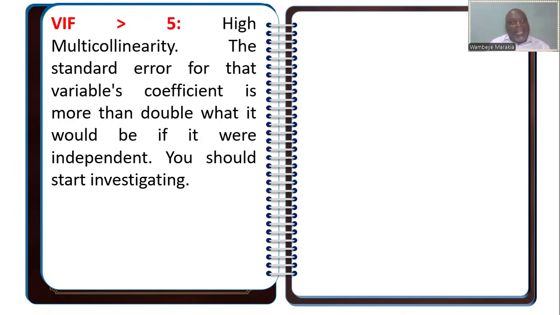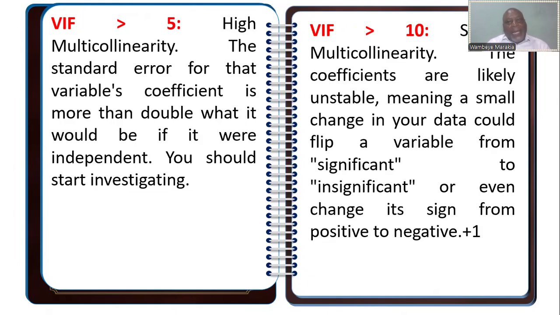You should start investigating why this is so in your data. Now, if you get a VIF of greater than 10, then it shows that you have serious multicollinearity. The coefficients are likely unstable, meaning a small change in your data could flip a variable from significant to insignificant, or even change its sign from positive to negative. So you should be worried when you get a value greater than 10.